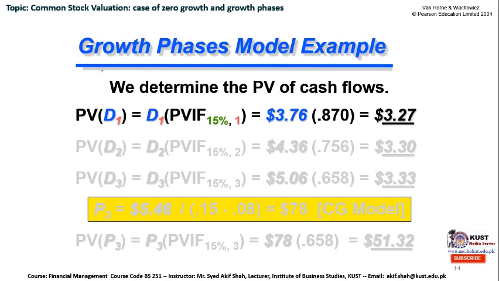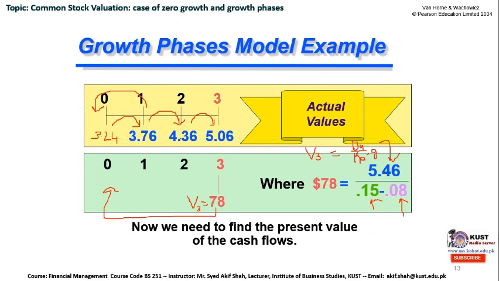Therefore, we have opted for the table method, and let's discount four values, which are mentioned here as D1, D2, D3, along with the value at time 3 towards time 0, in order to find the final intrinsic value of this common stock under two different growth phases.